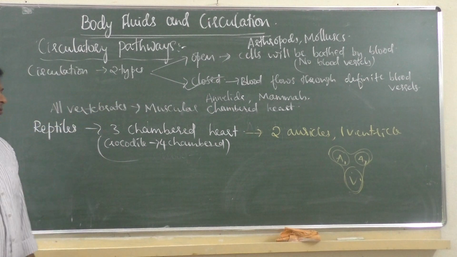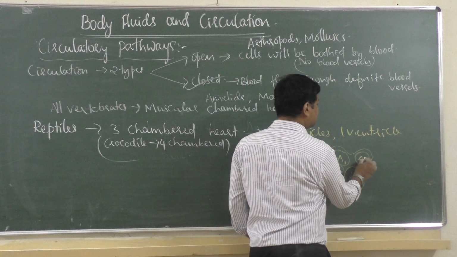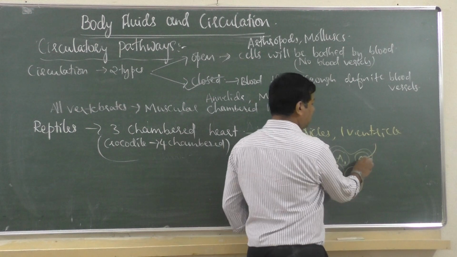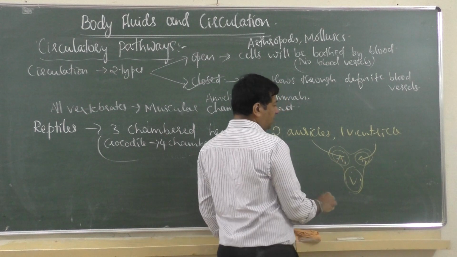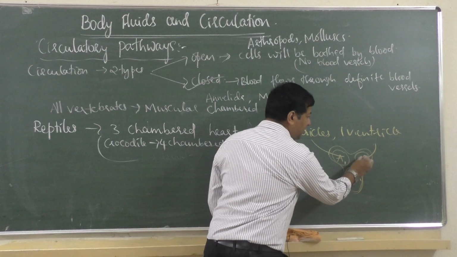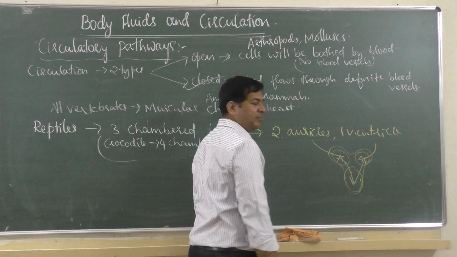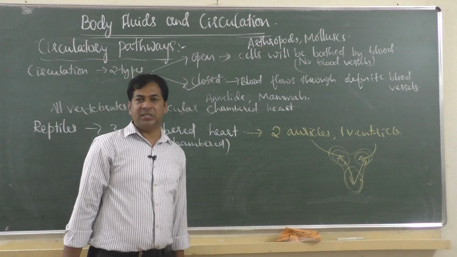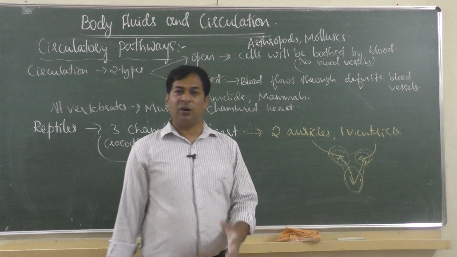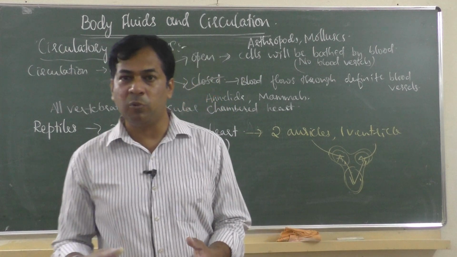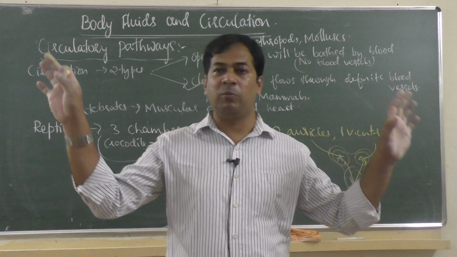Here what happens? Oxygenated blood comes to the left auricle, and deoxygenated blood comes to the right auricle. Then both the oxygenated and deoxygenated blood are mixed in the ventricle, and the mixed blood is transported to the whole body.